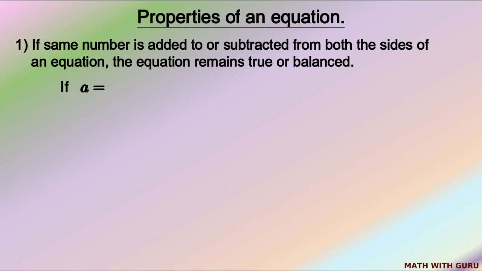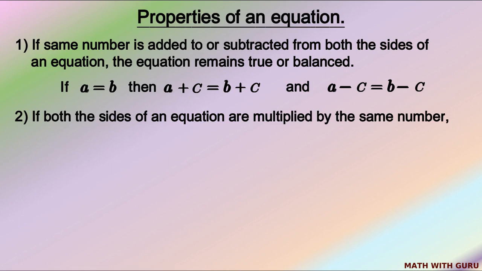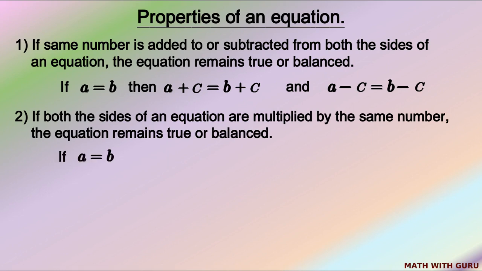If A = B, then A + C = B + C, and also A - C = B - C. If both sides of an equation are multiplied by the same number, then the equation remains true or balanced. If A = B, then A × C = B × C.